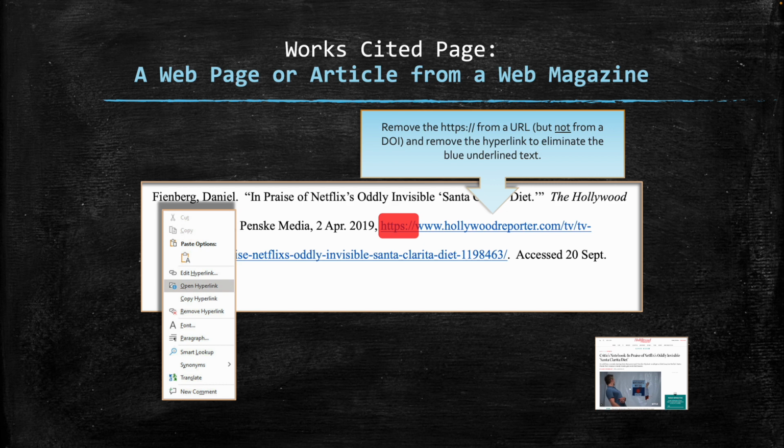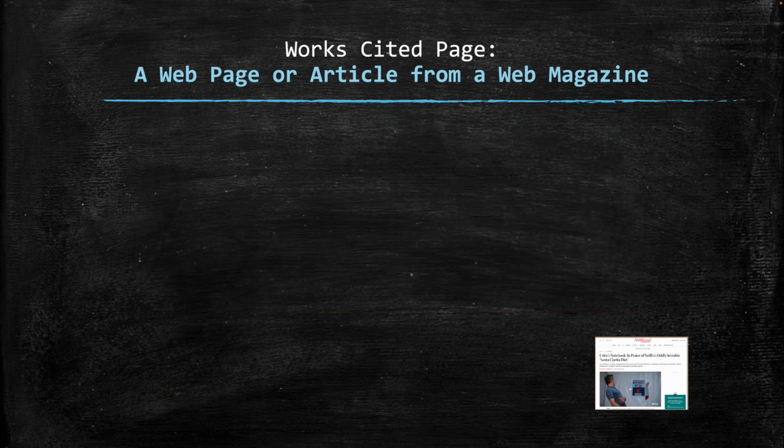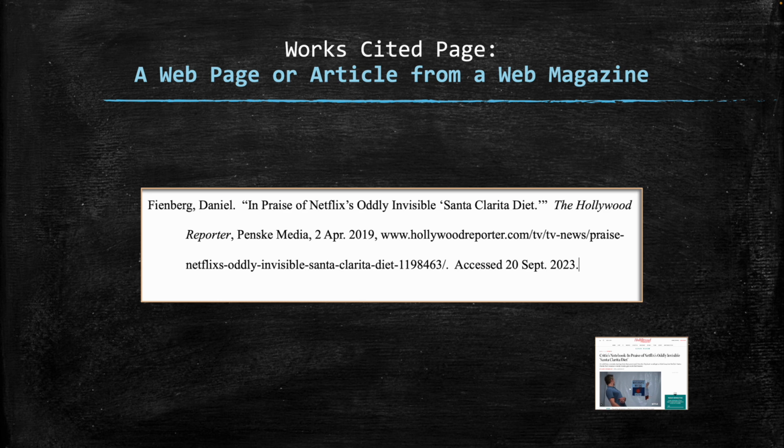And there should be a button that says Remove Hyperlink. And when you click that button, it will turn the text black and remove the underlining, as you see here. So this is officially a correct works cited entry for that article on Santa Clarita Diet.